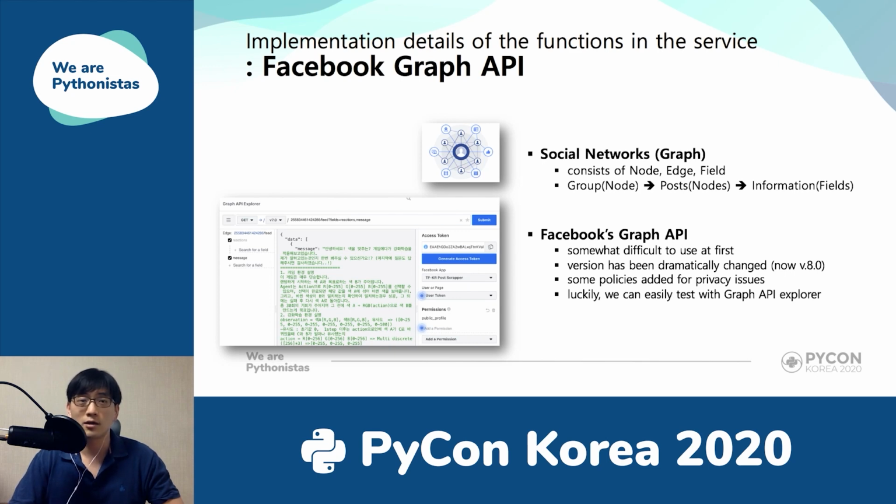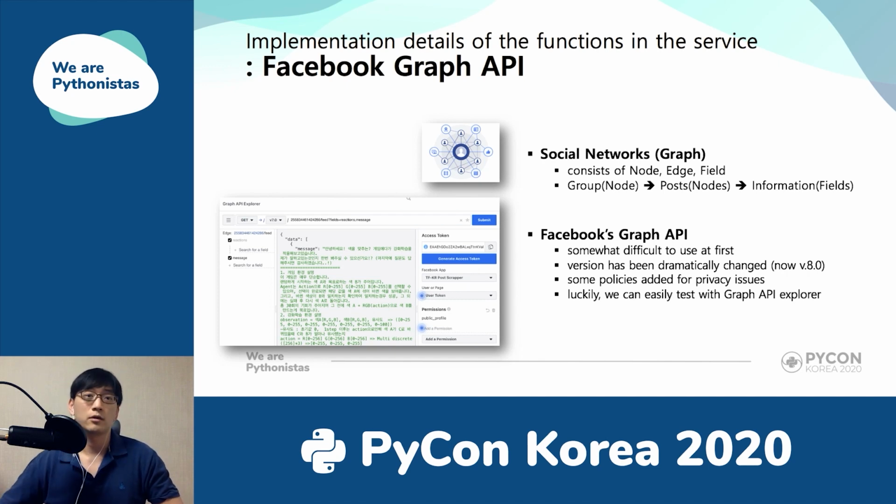It's somewhat a hard concept when you have never heard about it before. Also, the version has changed dramatically over time, and it has already reached version 8.0. You might have read various news about digital privacy, so Facebook continuously addresses new policies, but the problem is that they don't really make any big announcement about it for their developers.